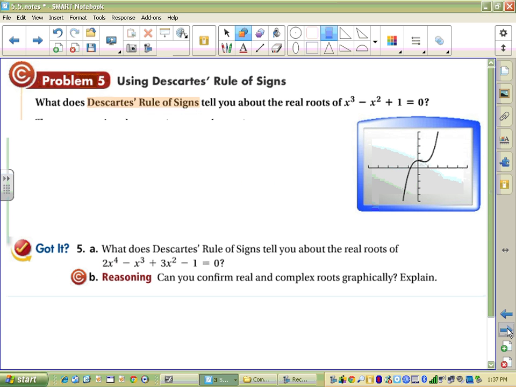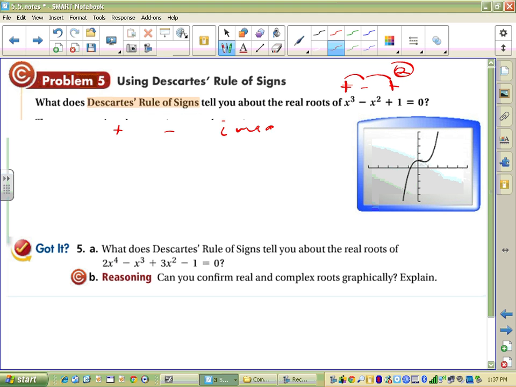So if we look at problem 5, we've got positive, negative, positive. There's 1, 2. 2 sign changes. So positive, negative, imaginary. It's possible that there could be 2 or 0 positive real zeros. On this one, the hard part, again, is finding p of negative x.